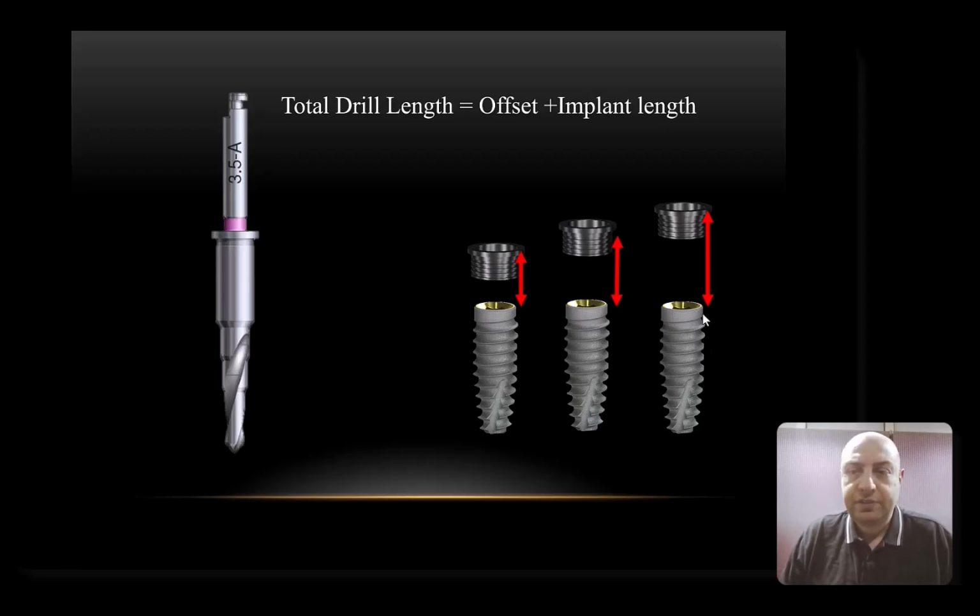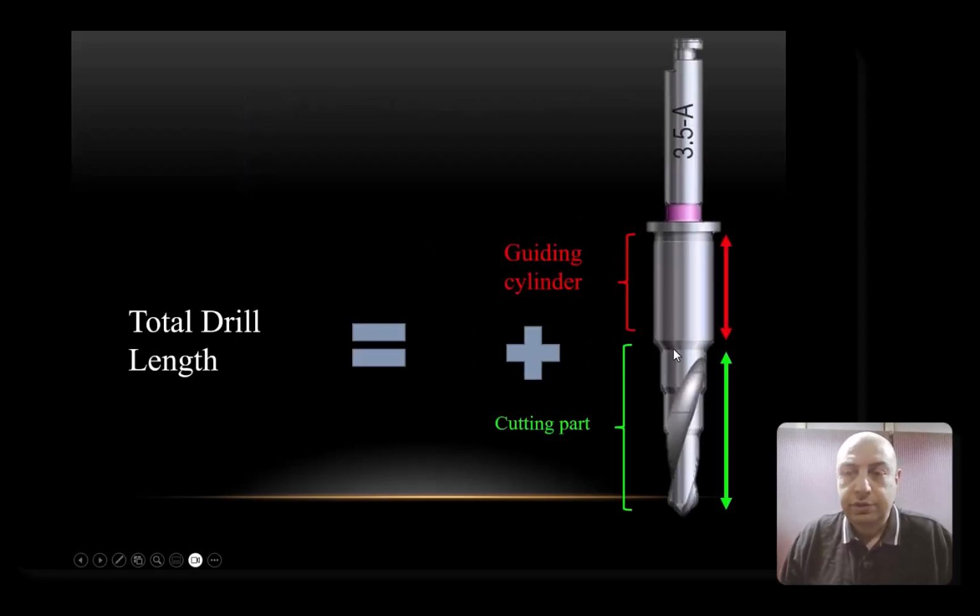First of all, we have the distance. The offset is the distance from the top of the sleeve till the top of the implant. So this distance is the offset. How to calculate it? First of all, we have to know our drill system. The drill is usually composed of two parts. The upper part is called the guiding part and the lower part is called the cutting part. The total drill length equals the guiding part, which is non-cutting, plus the cutting part.